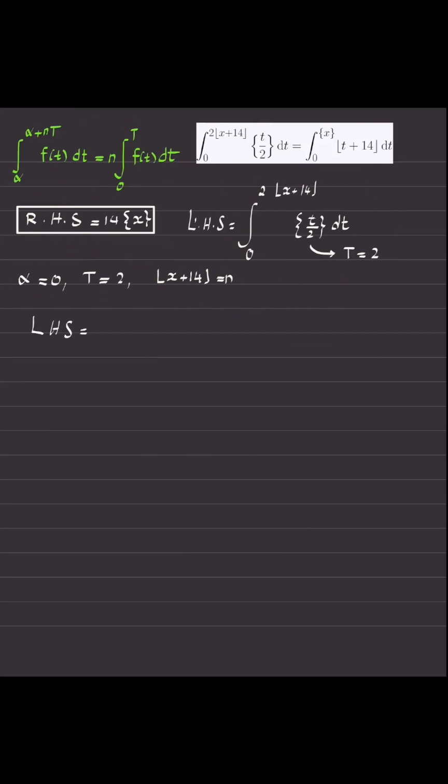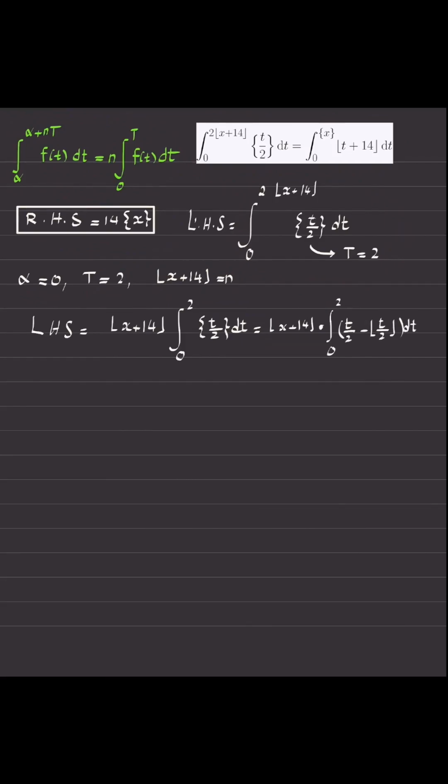So the left hand side is equal to n, which is the floor of x plus 14, multiplied by the integral from 0 to 2 of f of t dt. Let me now use the definition for the fractional part, so it becomes the integral from 0 to 2 of t over 2 minus the floor of t over 2 dt.